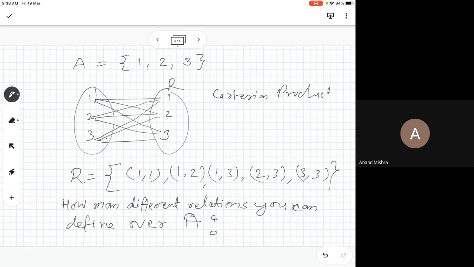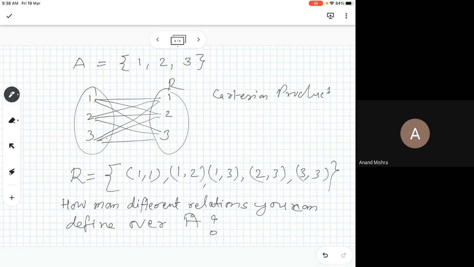What is the maximum size of the definition? Everything is connected, right? So that will be 9. And any subset of that will be a valid relationship.